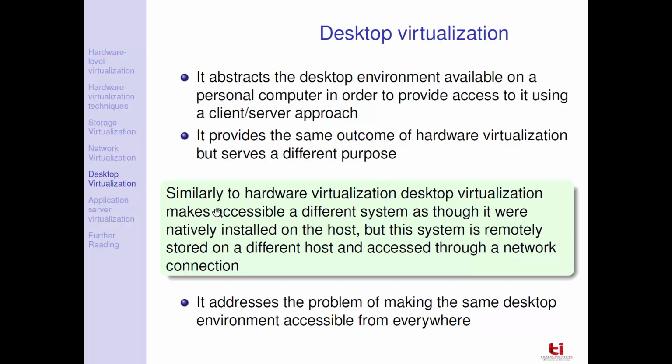Similar to hardware virtualization, desktop virtualization makes accessible a different system as though it were natively installed on the host. But this system is remotely stored on a different host and accessed through a network. Basically, it addresses the problem of making the same desktop environment accessible from everywhere.